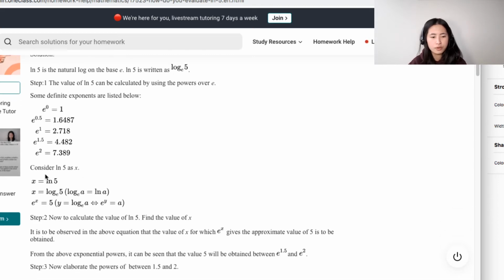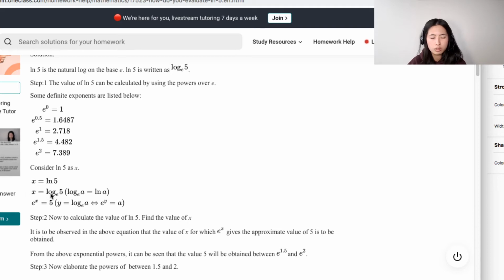And then now, if you have ln 5 as x, in that case, you would have x is equal to ln of 5, right? Because you know that ln, which is the natural log, can be written as log e, with the base e, then you have 5 over here. The reason why they have this e raised to the power of x is because this log e, to get rid of that, you need to raise both sides with e.